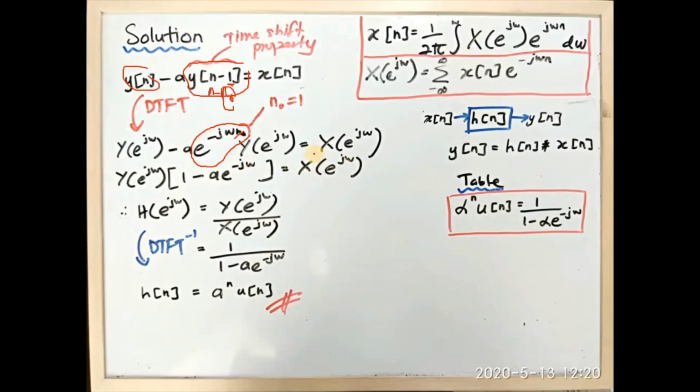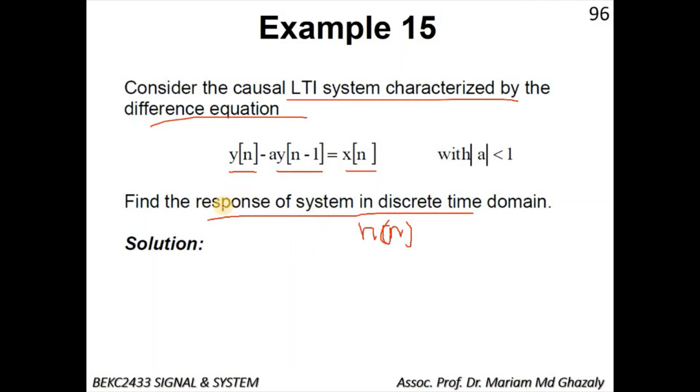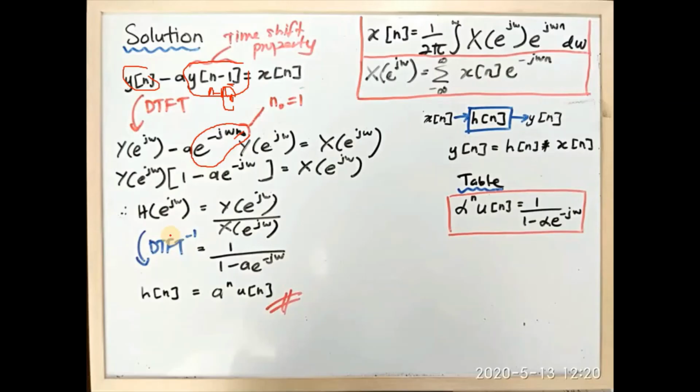So the question was to find the frequency response of the system, H(e^jω). H(e^jω) is actually Y over X. So this one you bring down here, and this one bring down here. Rearrange that, you will get 1 over 1 minus a e to the minus j omega.